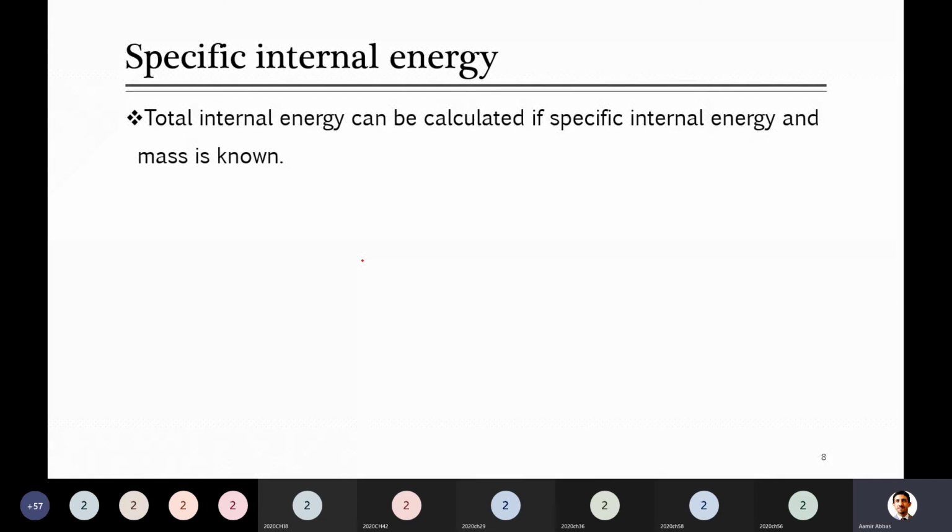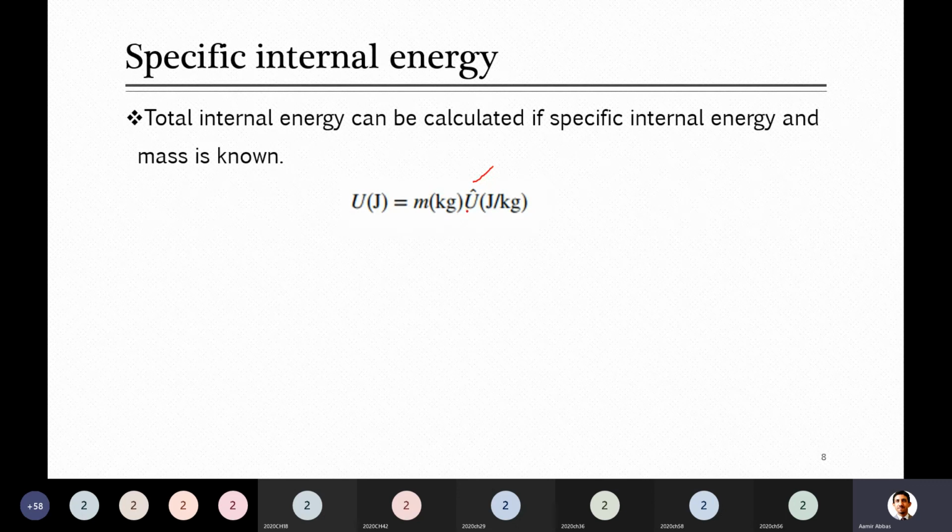Amount is represented either in the form of mass or in the form of moles, because when there is a gaseous system we usually talk about moles. So that's also a specific energy. If we are talking about mass, the cap symbol is used to represent a specific property, per unit mass.